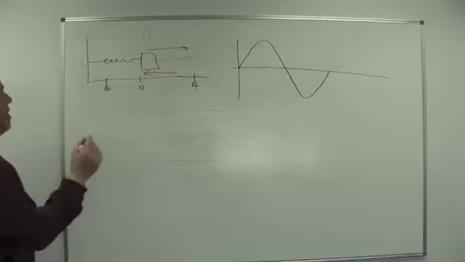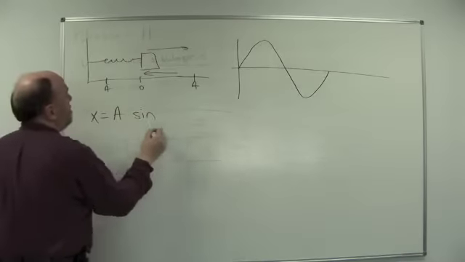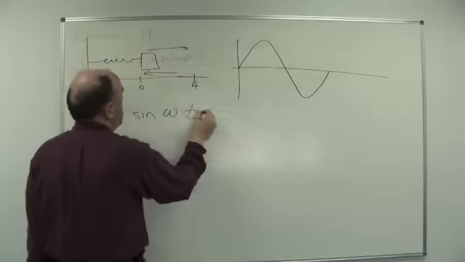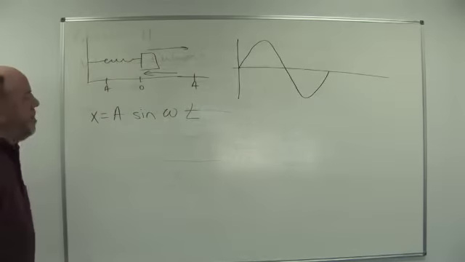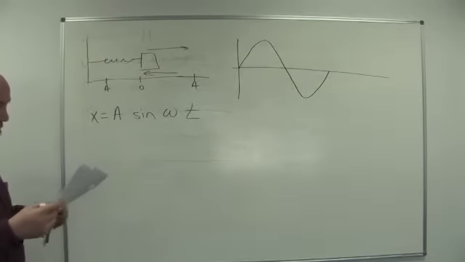And so we can look at this as x being given by A sine omega t. We've seen this before, and omega is the angular velocity.